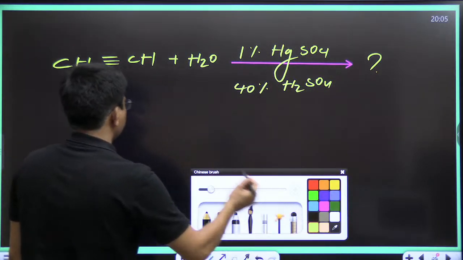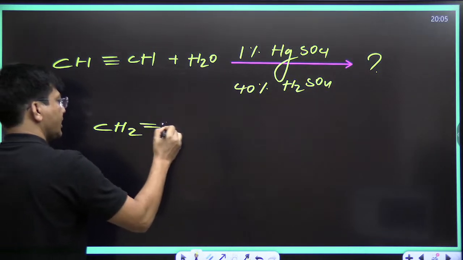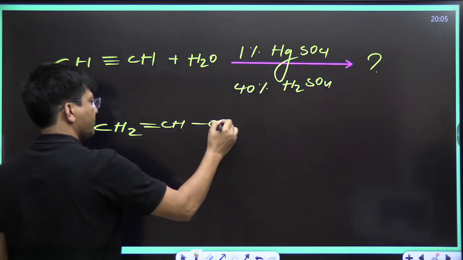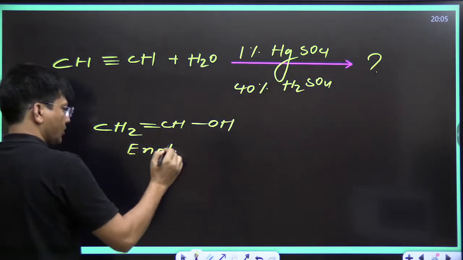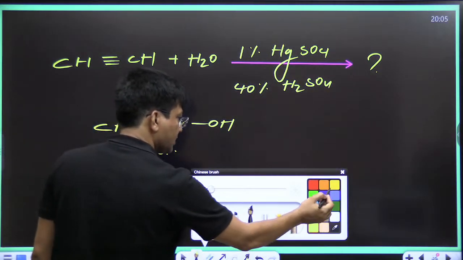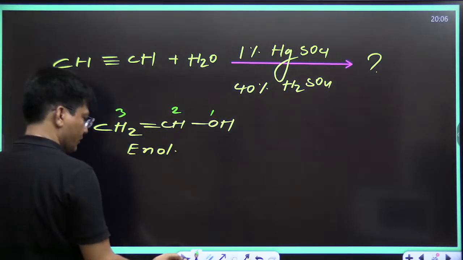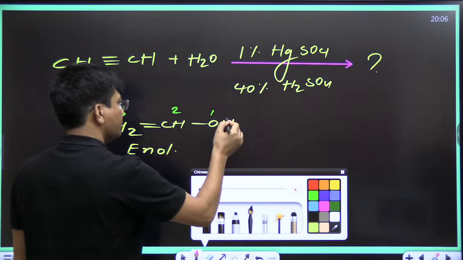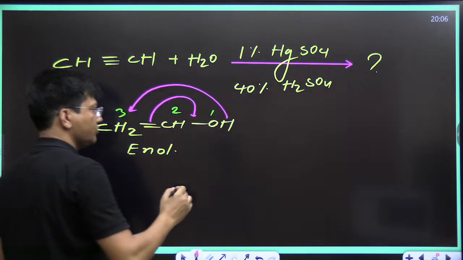You can see one side H plus will be added and another side OH negative will be added, and this is the enol, you know very well. In this enol form, tautomerization will take place. 1, 2, 3. From the first atom, hydrogen will go to the third atom and a double bond will come in between 1 and 2.